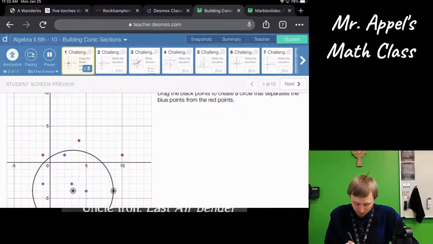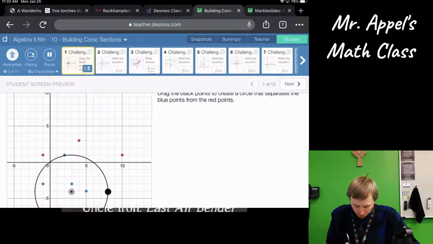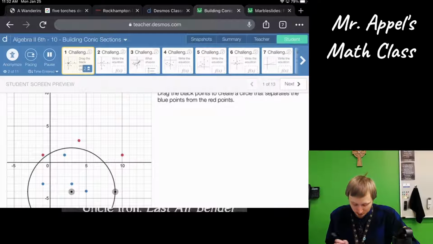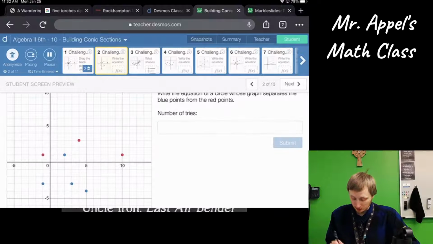And maybe we'll go back and be like, oh, now I've got to get an equation. Okay, let's be a little more precise here. Can I get onto some nice convenient integer values there? That's not bad. Okay, so I need a circle whose center is moved over 1, 2, 3, and down 4.